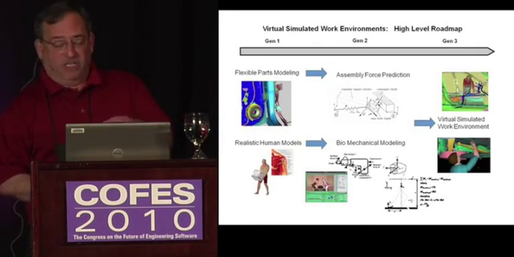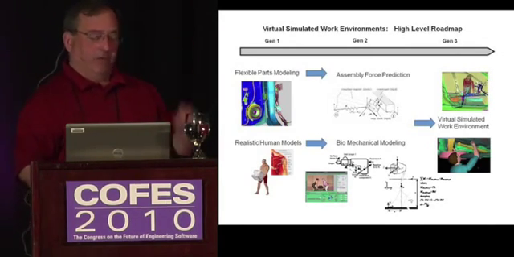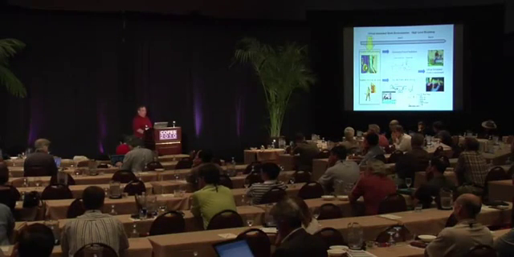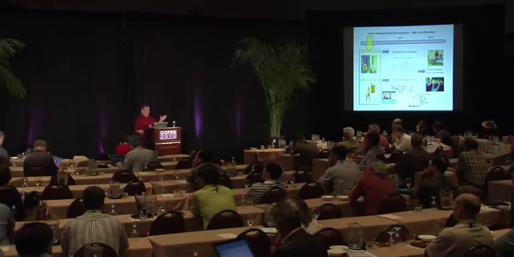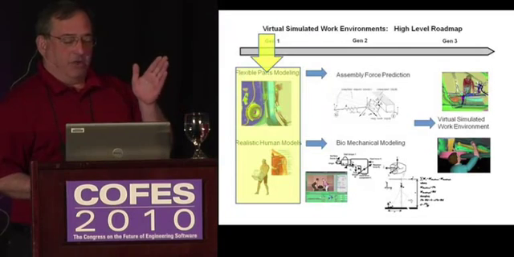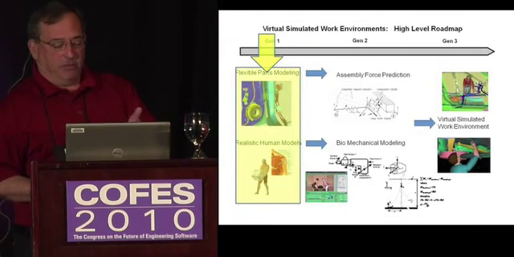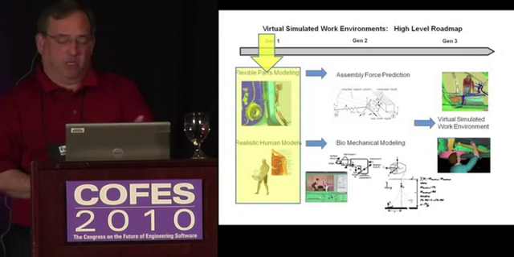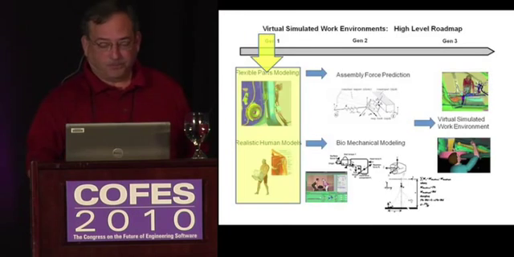And then those things have to come together at the end of the day to provide this virtual simulated work environment. So the way I've structured the talk is to walk through it in this timed sequence. I'll start by talking about flexible parts and realistic human models, and then I'll move into the later phases.